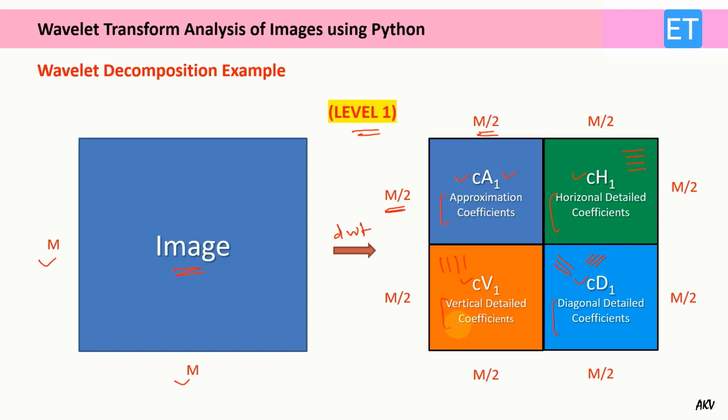And if you want to do further decomposition, let's say level 2 decomposition, for level 2 decomposition you have to take this CA1 matrix again. So the CA1 matrix will be decomposed in a similar way.